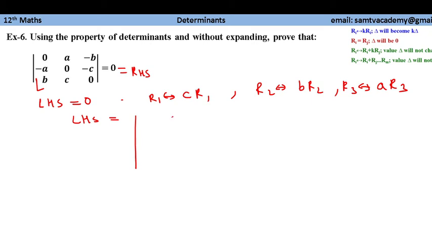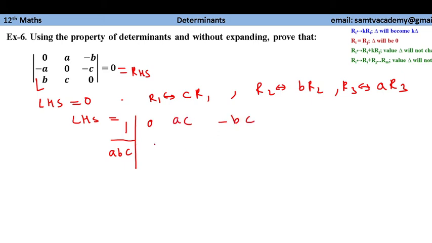So if we are multiplying any row with that, then we know that that will also get divided by the whole. So we will take all those elements outside: A, B, C. Now first we are going to multiply R1 with CR1. So it will be A0, AC and minus BC.